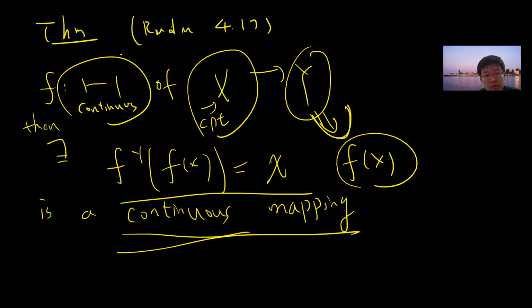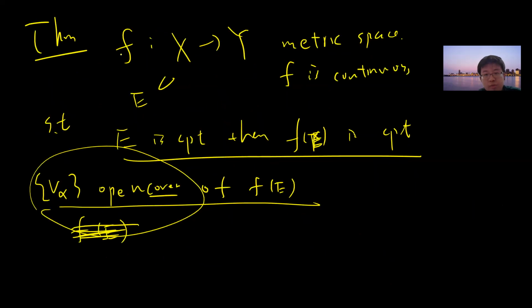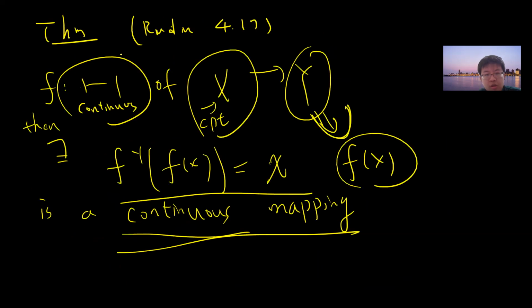So, proof. The proof is that we can use our previous theorem, right? So what you're trying to prove is that f inverse is continuous.